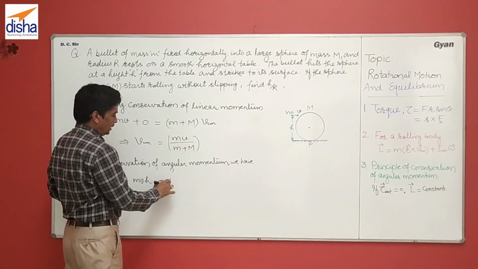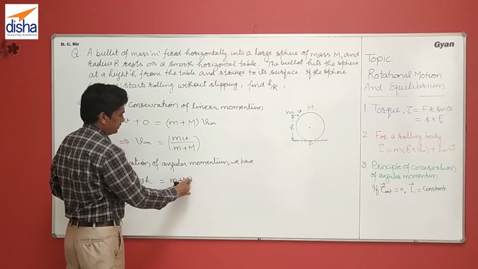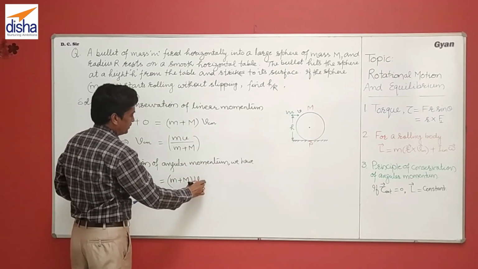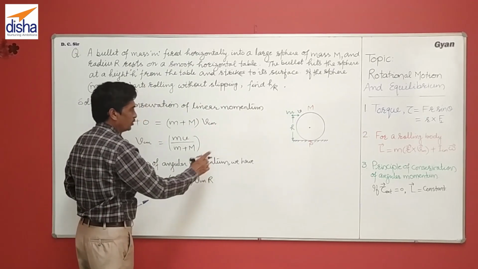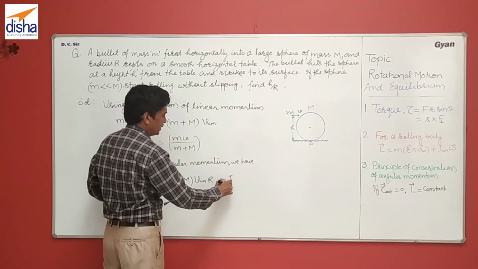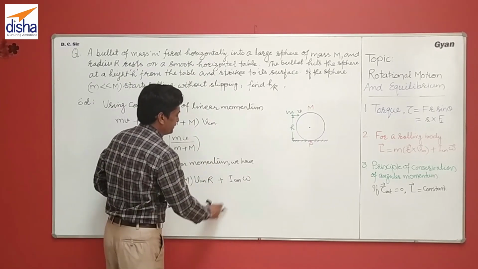So it will be (m plus M) vcm into r about its center of mass, plus ICM omega.